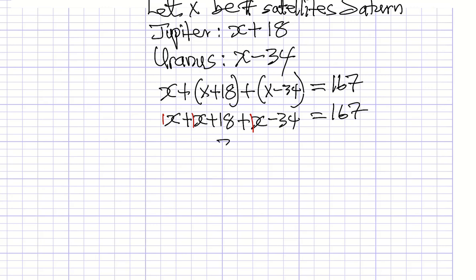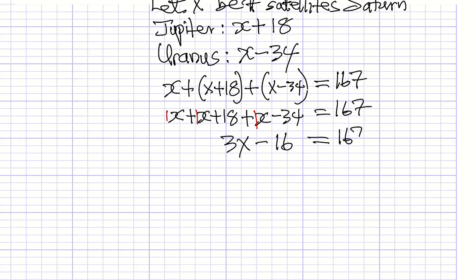So you got 3x, and now you have to be careful. You have to do the subtraction first, or you can move everything over without subtracting. It doesn't matter. If 18 is taken away from 34, you will have 16. So that will be minus 16.